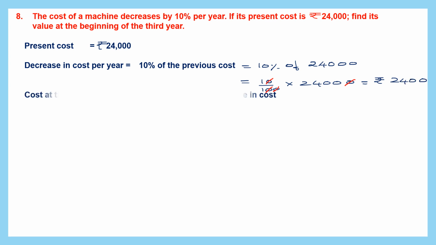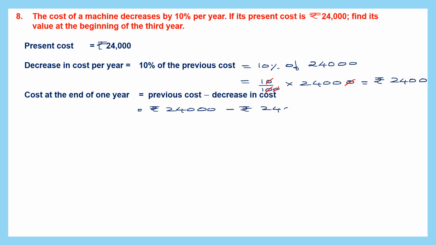So now the cost at the end of 1 year. At the end of 1 year, what will the cost be? The previous cost minus the decrease in cost. So previous cost is 24,000 rupees minus the decrease in cost, 2,400 rupees. So this will be the cost at the end of 1 year.